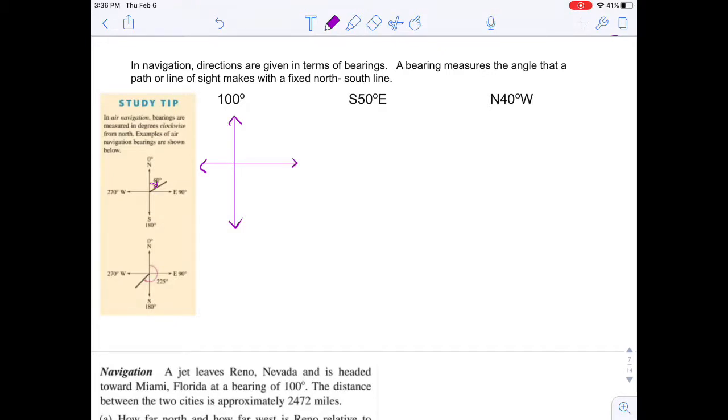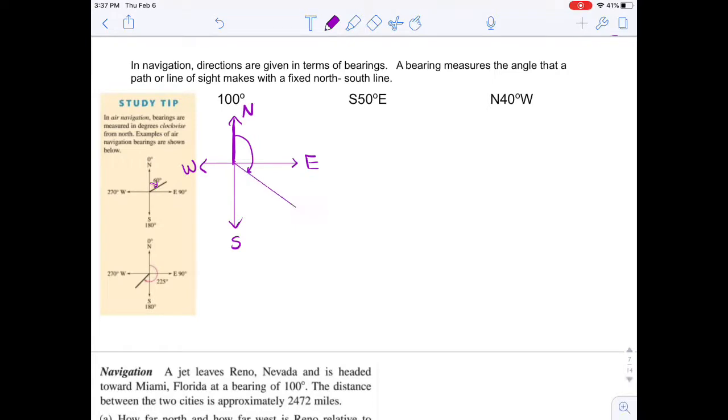Since there's no other north, south, east, or west direction here, I'm going to start north. It's like starting upwards on this line here, and I'm going to travel 100 degrees clockwise. 100 would be a little bit past 90.